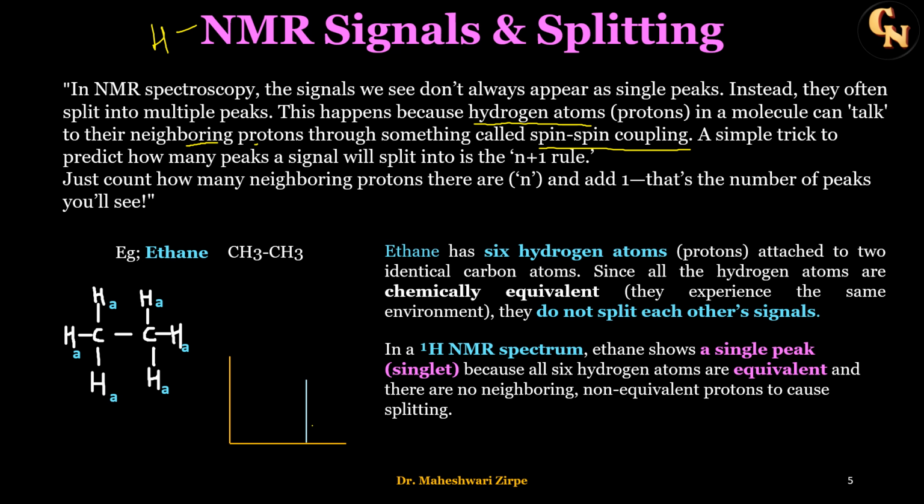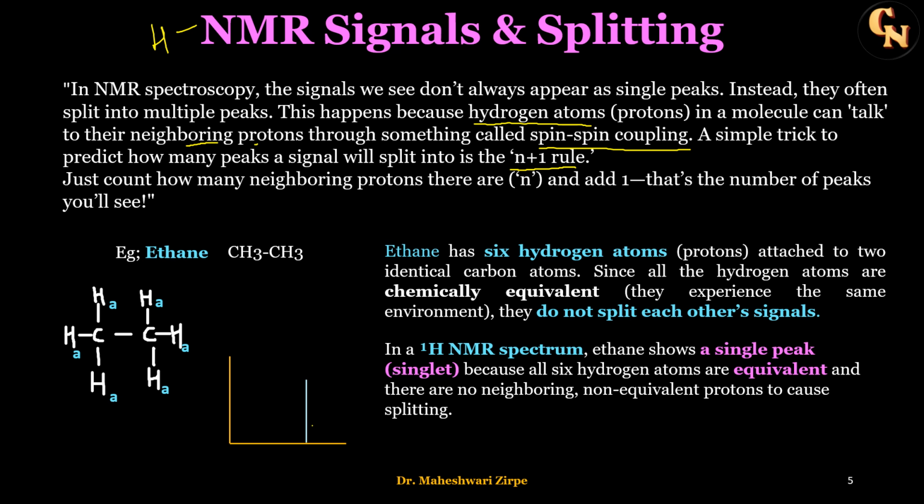A simple trick to predict how many peaks a signal will split up into: there is a rule. That rule says it is n plus 1. So it is a simple formula you have to remember, n plus 1, to know whether the signal is going to split into different peaks or whether you will have one single peak or one single signal.